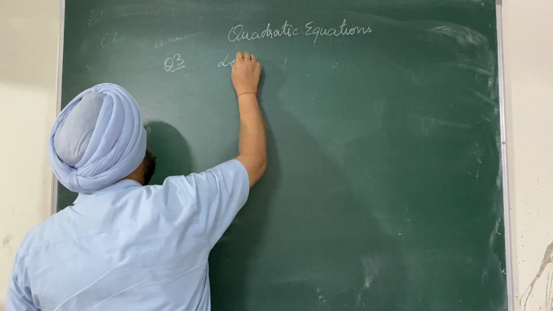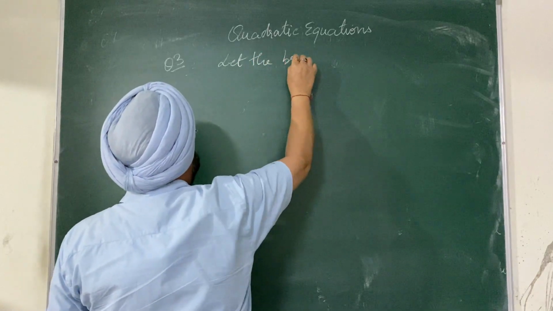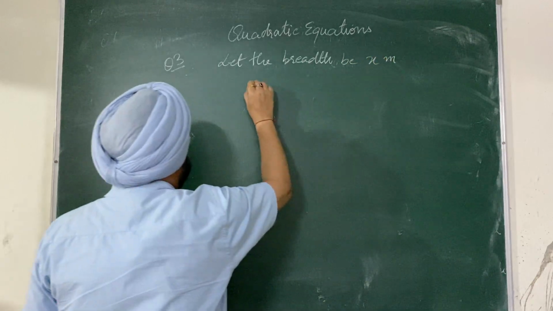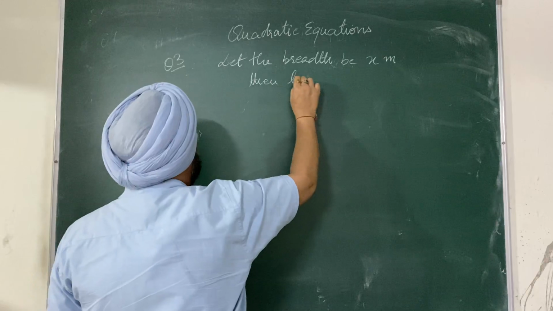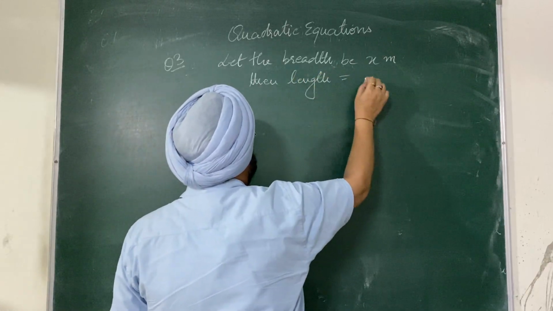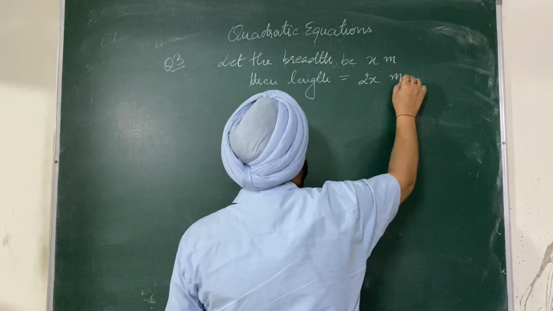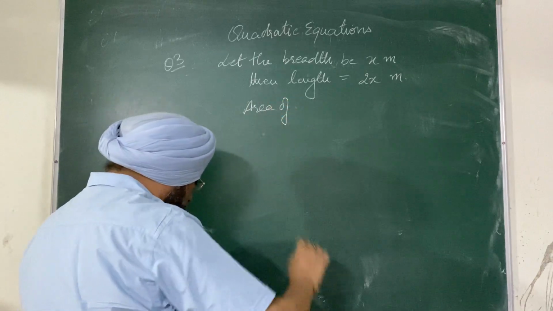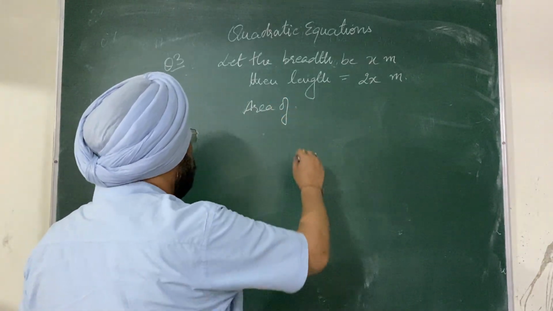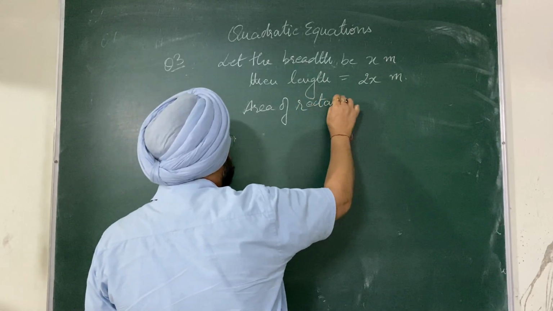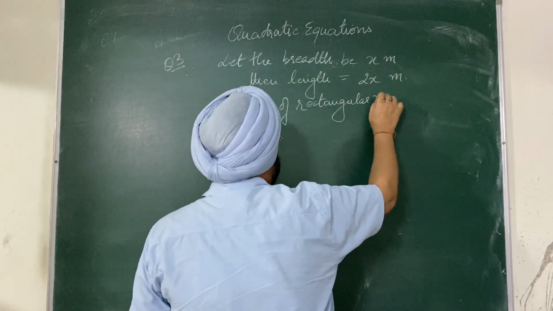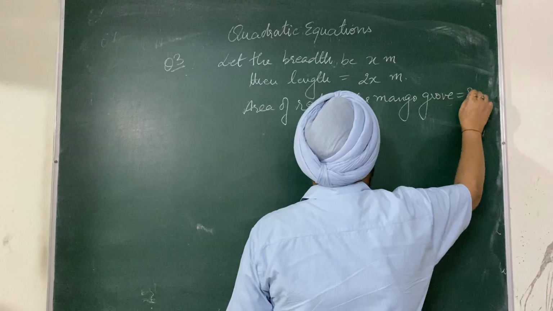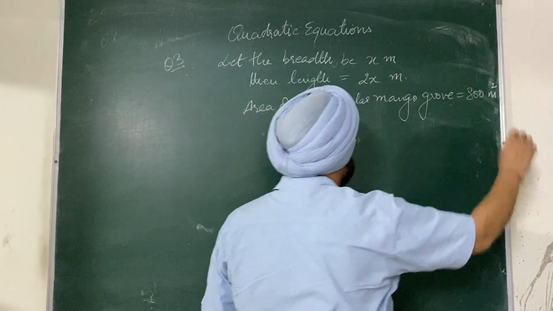So let us consider, let the breadth be x meter. Then the length must be double, that means 2x meter. We are given the area of a rectangular mango grove as 800 meter square.